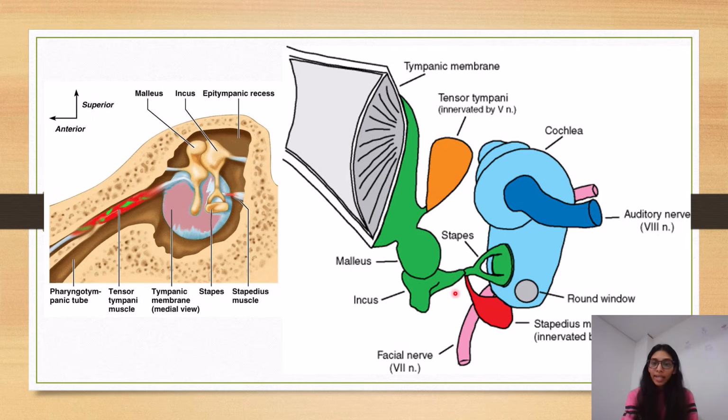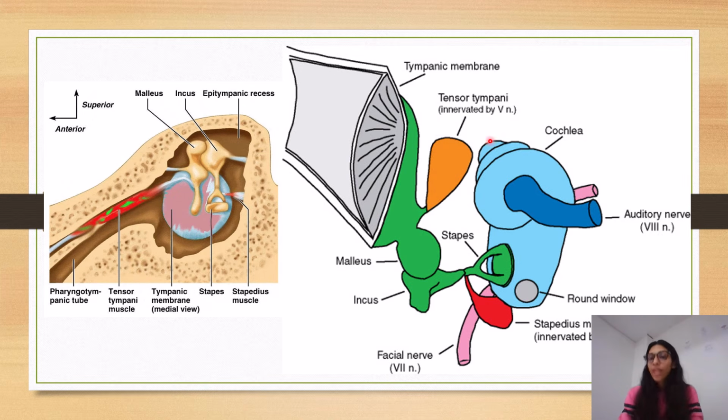And here at the malleus, we have another muscle, and that is the tensor tympani muscle. Whenever this tensor tympani muscle is pulled or contracted, the malleus moves medially. So whenever these two muscles, the stapedius and the tensor tympani, are contracted, the entire ossicular chain is stretched or in a tensed position.